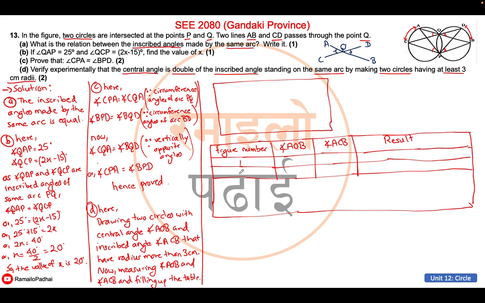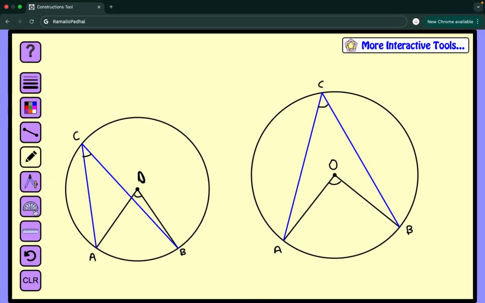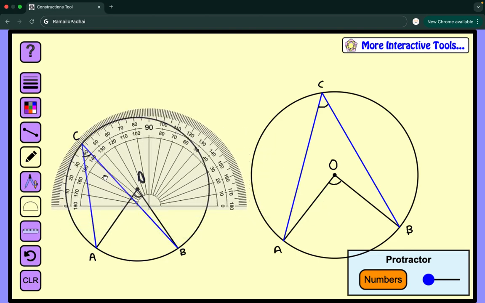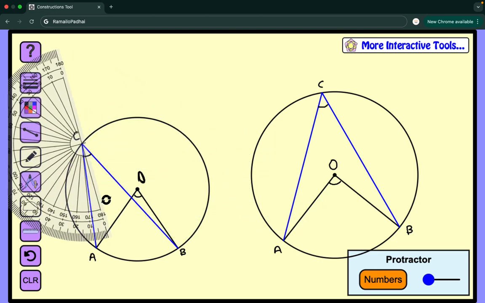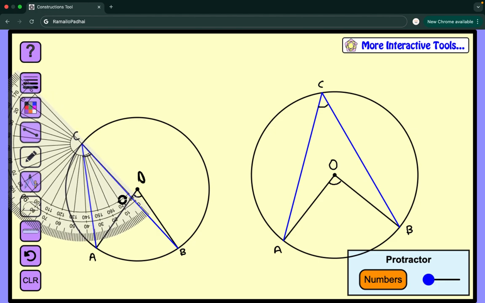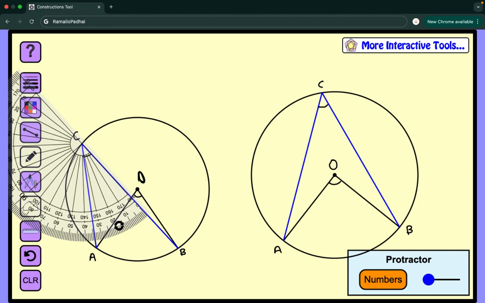So in figure number 1 and 2, let's measure AOB. No, first measure ACB, because measuring AOB will be quite difficult. So this ACB is 35. Yeah, it is near 35, so it is nearer to 34.